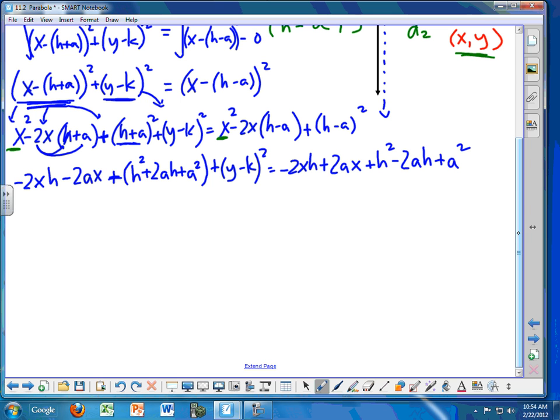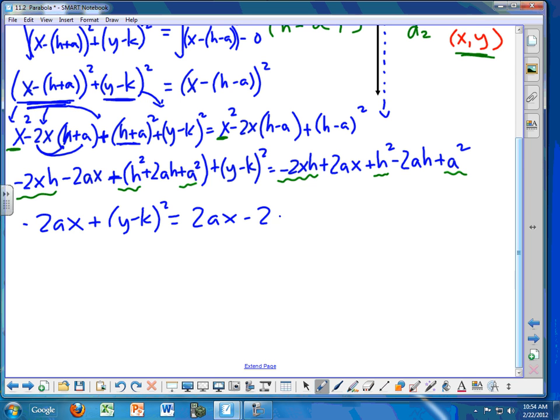This is going to be the first item right here that will cancel. And notice that the h squared will cancel and the a squared will cancel. And before I combine, let me write this out again. It's going to be negative 2ax plus y minus k squared is equal to 2ax minus 2ah.